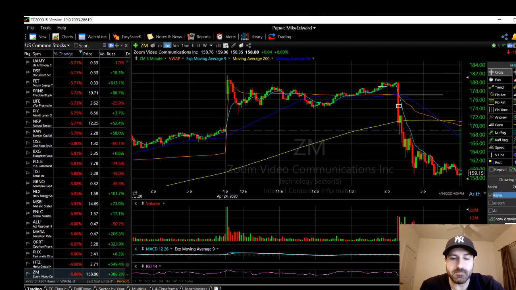Your break-even point is going to be calculated by taking the net credit that you received, which in this case was $650. You're going to subtract it from the strike price of the option that you sold, so the higher strike price. In the example that we're using, the 285 strike price was the higher strike. That's the option you sold.